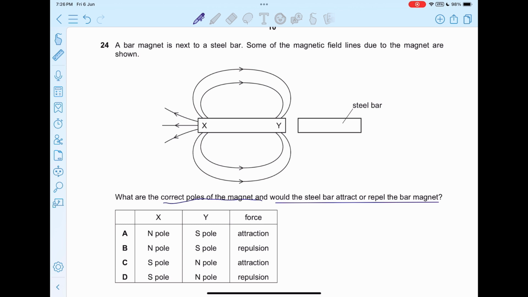So the field lines go from north to south, and in the picture, the magnetic field lines are showing that from X to Y, so X should be north, Y should be south, and the force would attract the bar magnet because the steel bar is a magnetic material. So the answer is A.